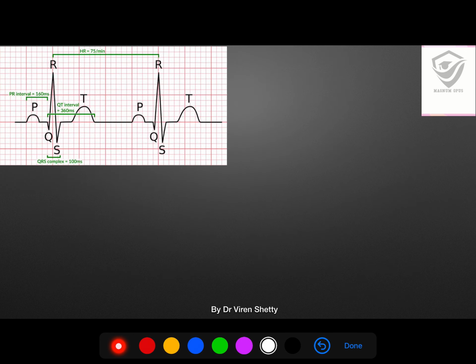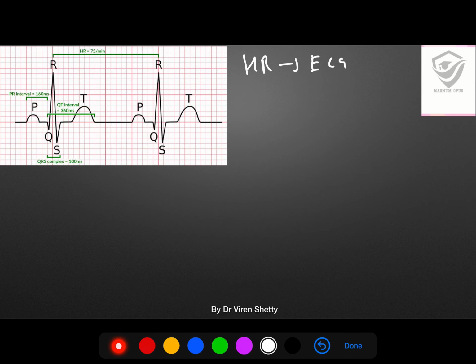So now we'll do an exercise where we'll try to calculate the heart rate by looking at the ECG only. When you look at the ECG, you have to calculate the distance between two consecutive R waves.